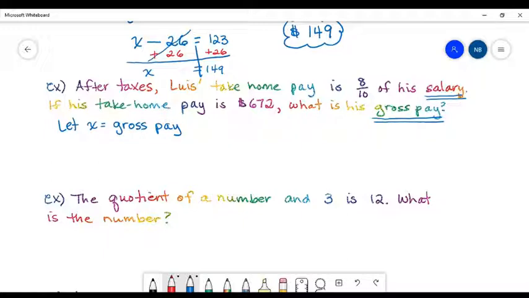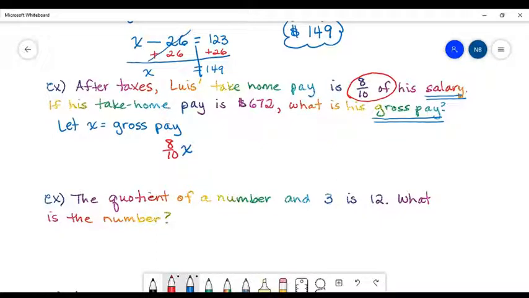Now, 8/10 of his salary, that's a portion of his money. And when you see that fraction of something, that's an indication that you need to multiply that fraction by whatever's next. 8/10 of his salary is the same as 8/10 of his gross pay.